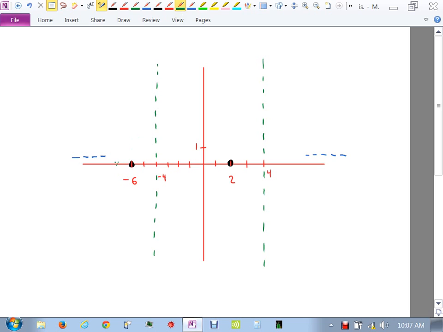So how about -7? Something between where and where? I'll highlight these so you can see where my test points are. Okay, so how about -5? How about the next one? Where should I pick one? Between where and where?